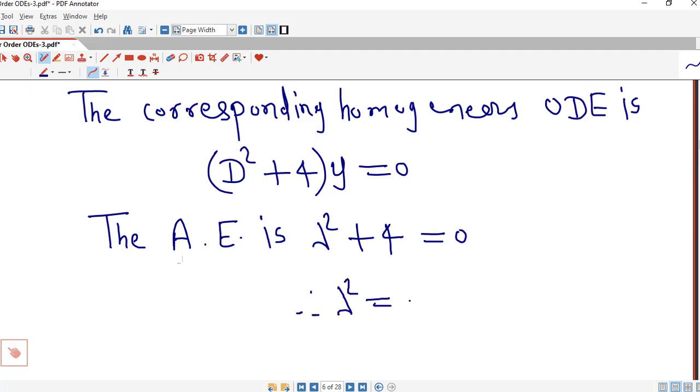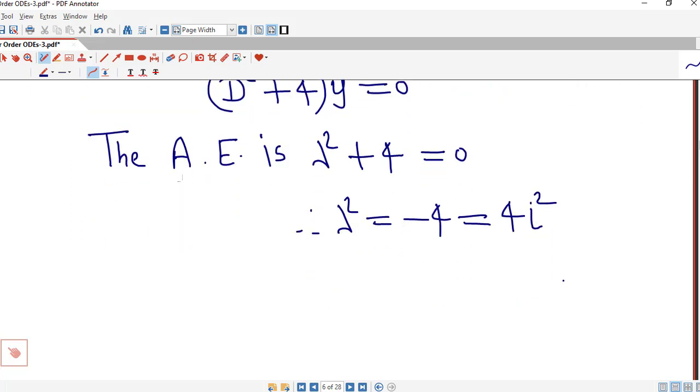So that gives me lambda square equal to minus 4, which I can rewrite as 4i square. Replacing minus 1 by i square, we have lambda equal to plus or minus 2i, that is 0 plus or minus 2i.